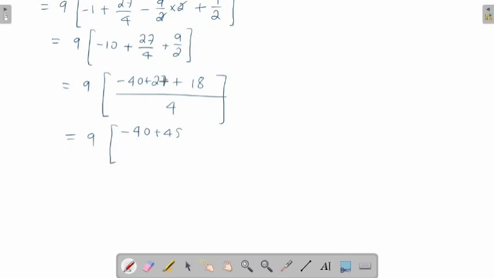So it will be 45 by 4. See here carefully. So 9 into this becomes 5 by 4, right? So how much is this? This is 9 5s are 45 by 4. So that's what I'm getting to be my answer.